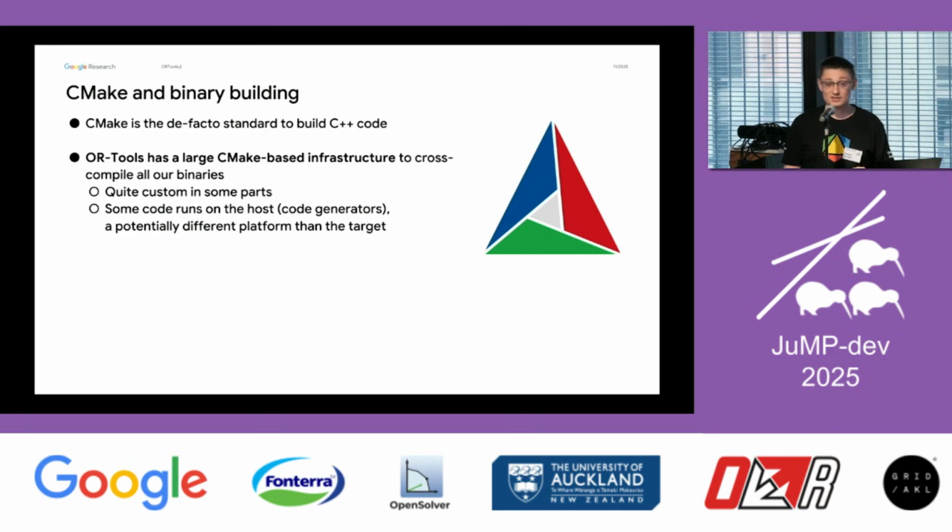The major difference is that to build ORTools, we need to build code generators, especially for protocol buffers. That means it's code that must run on the source platform. So if you're building everything from Linux, this code must run on Linux. But still, you're building a lot of code to run on the target platform, which is maybe Windows or macOS. So you have to be quite specific about what you're doing in the script to compile on the right platform.